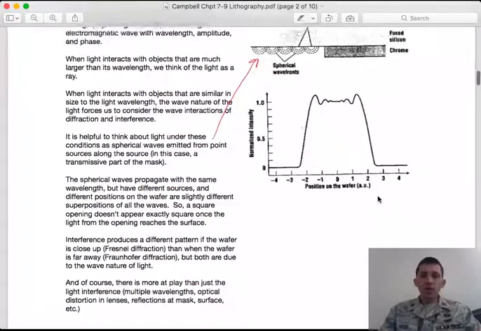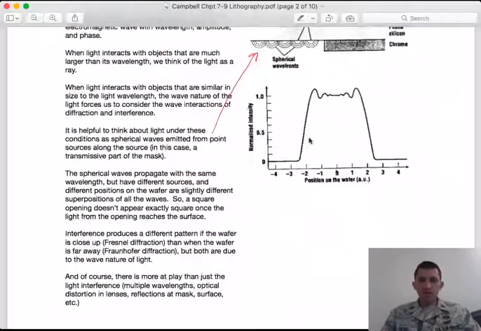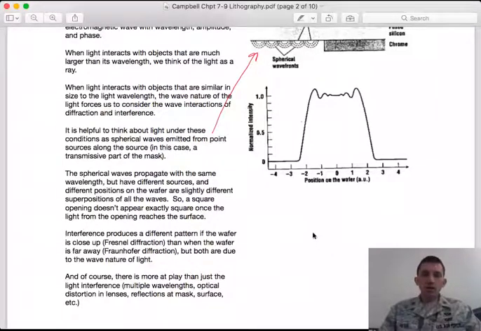If you're far away, which we won't focus on here because generally in photolithography we're going to be close, that's called Fraunhofer diffraction, and that's what you see if you remember from physics, like the two pinhole experiment or the double slit experiment, where you're far away and you see a sharp central spot and then fringes moving out from that. That's Fraunhofer diffraction.